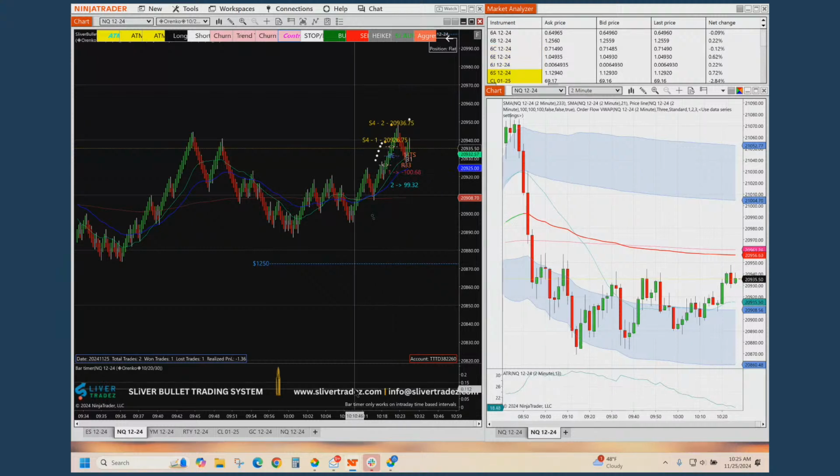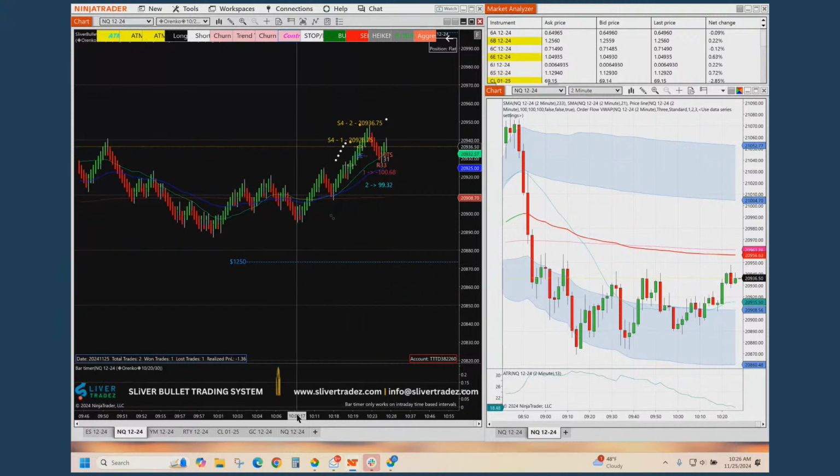And this is a good example of how you salvage a trade that goes against you. Example of scaling.